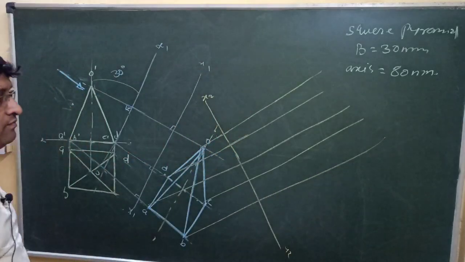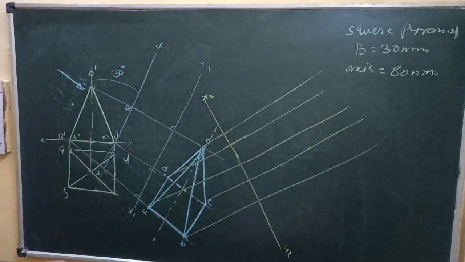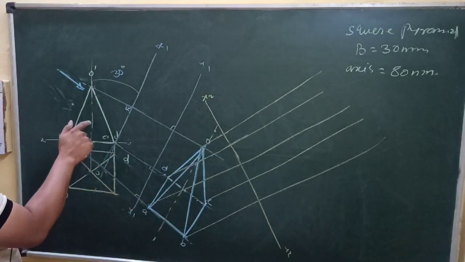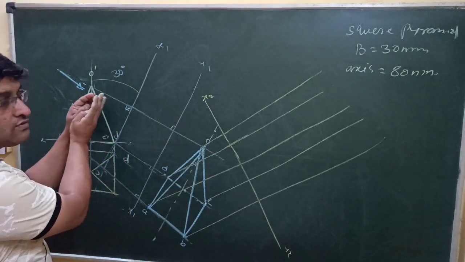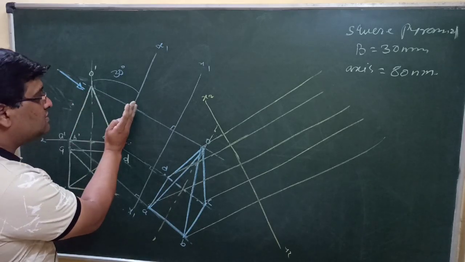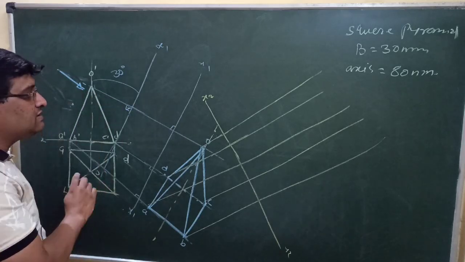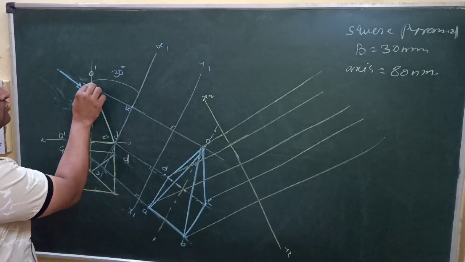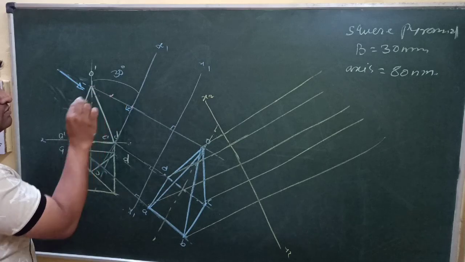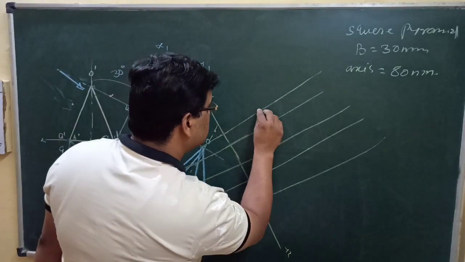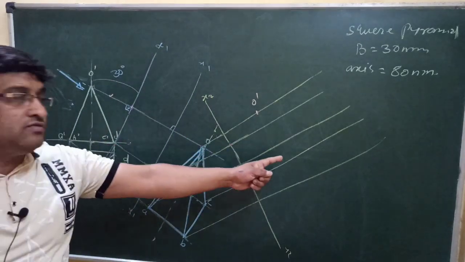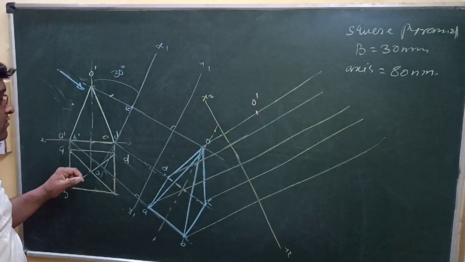Like this. Now we have to take distances to cut on these lines from the front view itself, from x1 y1, from the new axis to the front view. These distances we have to take. Say for example, for O we will take from x1 to O this much of distance, and we'll cut somewhere around here. So this will be O dash, because now we are drawing the front view, so we have to take distances from the front view itself.